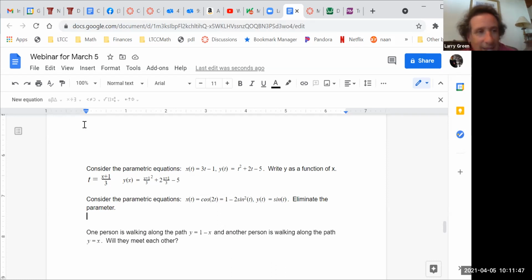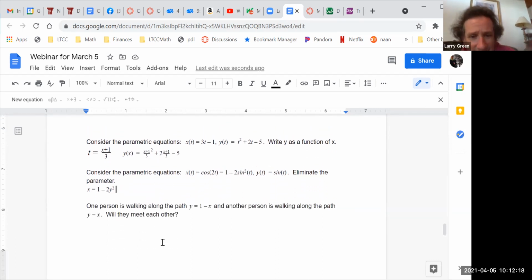So I could say that x is equal to 1 minus 2 sine squared of t, which is just y squared. And I'm done. So notice that you may not have guessed that if you have x equal cosine 2t and y equals sine of t, that's a parabola on its side. Any questions on what I just did?